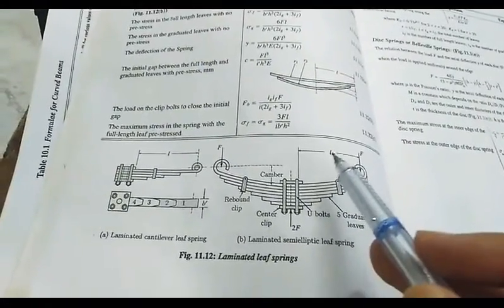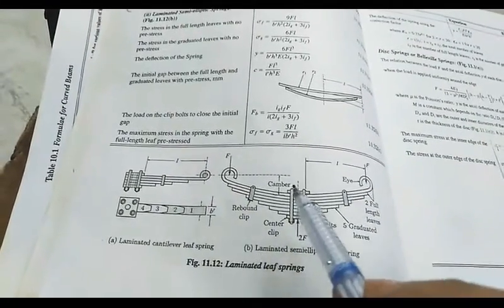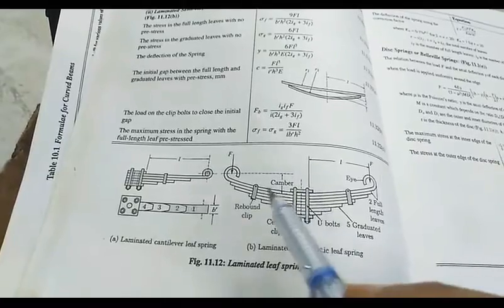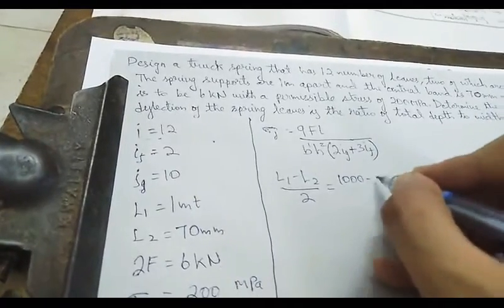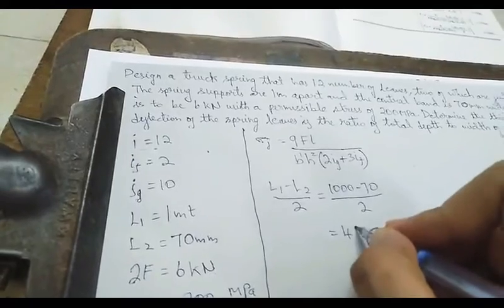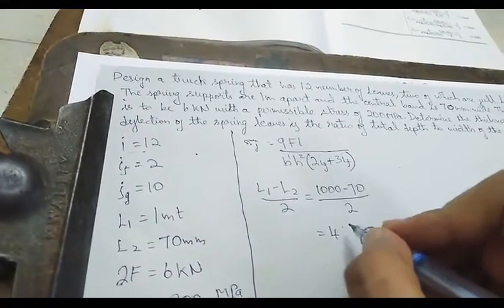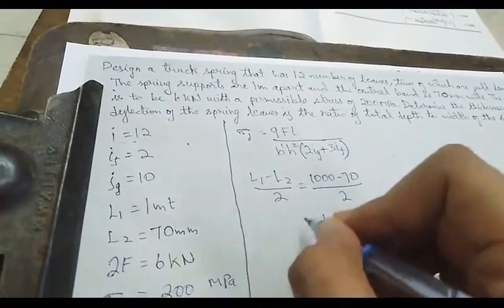L1 is 1 meter, that is 1000 mm, minus 70, divided by 2, it becomes 465 mm. L is 465 mm.